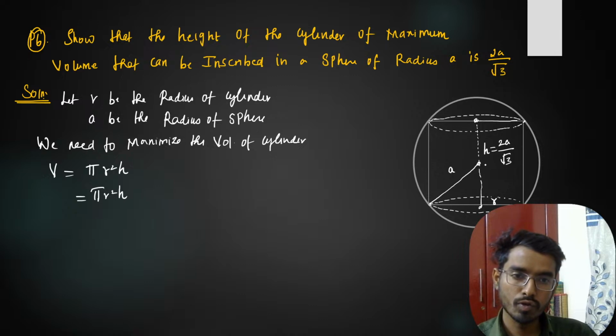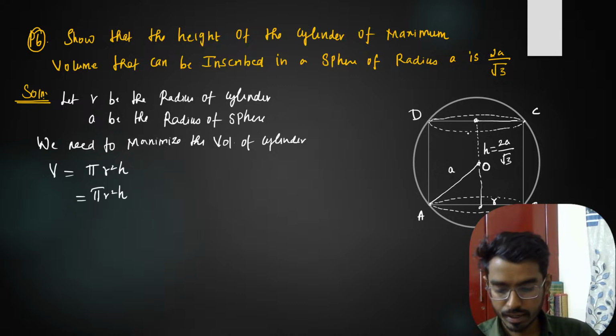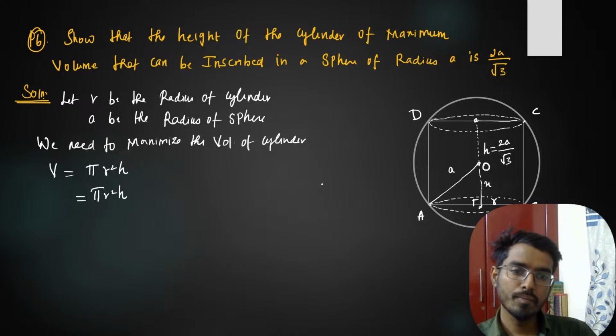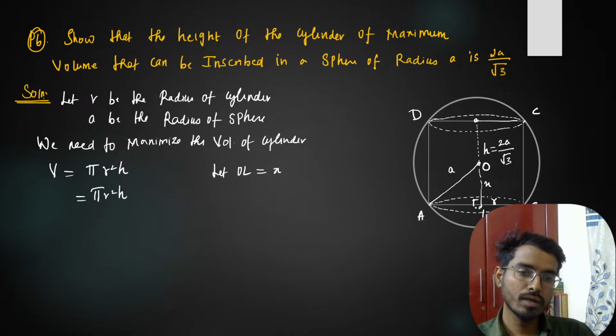Let's call this point O, this point A, and this point B. Let A, B, C, D be the cylinder, right? Let us call this point L, and let OL be equal to x. This is a right angle triangle, so this is again r, right?